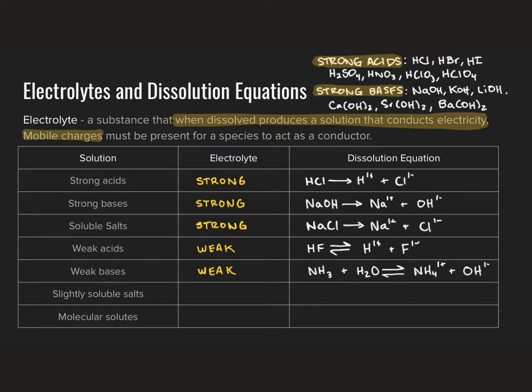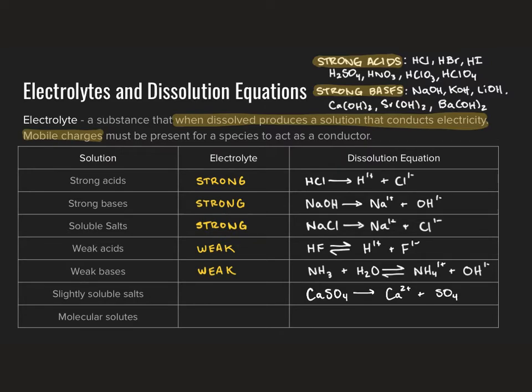And a couple last examples right here, slightly soluble salts. You could imagine a slightly soluble salt as being maybe something like, let's say, calcium sulfate. Calcium sulfate dissolves just not very well. And as we mentioned before, solubility is a spectrum. So we expect some calcium sulfate to dissociate into calcium ions, Ca2 positive, and sulfate ions, SO4 2 negative.